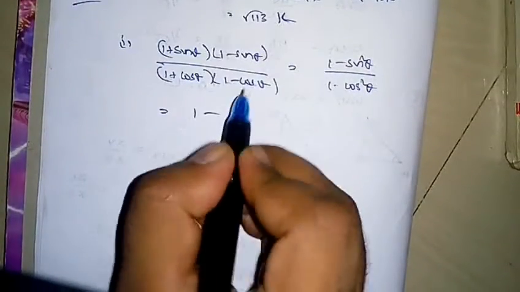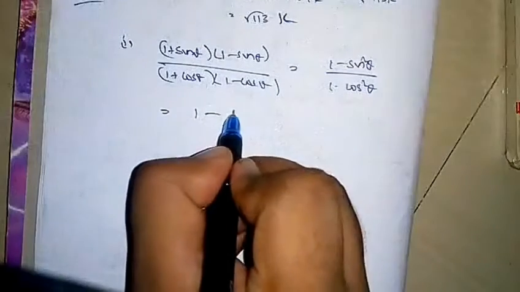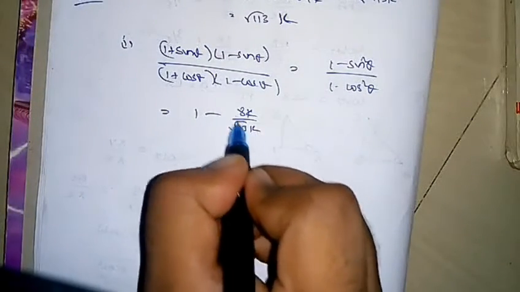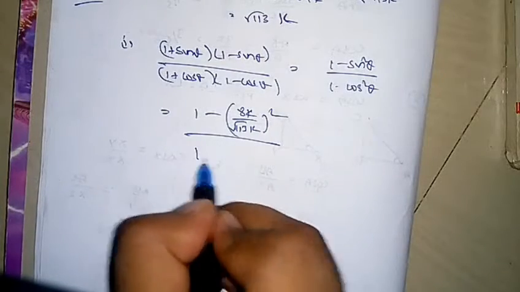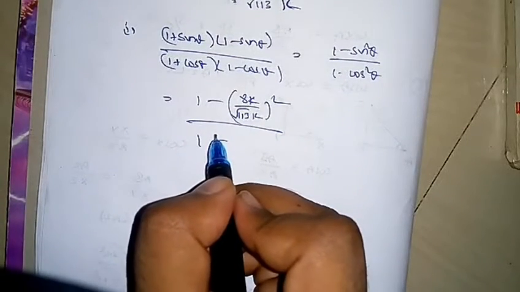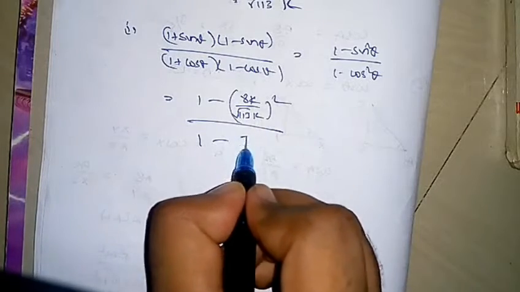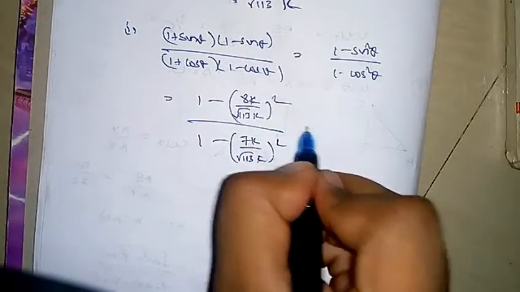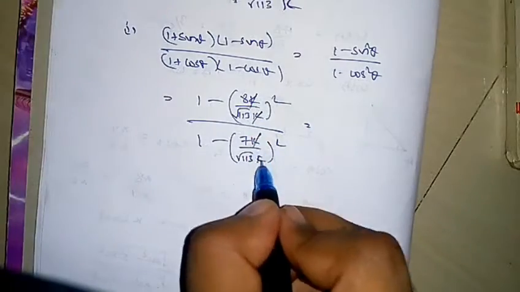This is equal to 1 minus sin theta, which is opposite side by hypotenuse, so 8k by root 113k whole square, by 1 minus cos theta, which is adjacent side by hypotenuse, so 7k by root 113k whole square. You can cancel k.